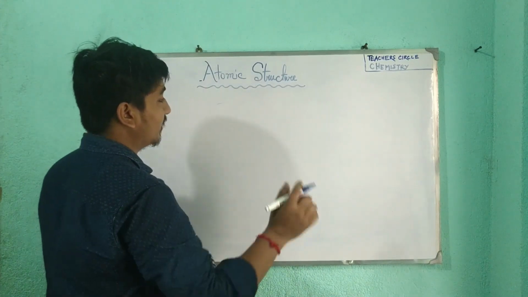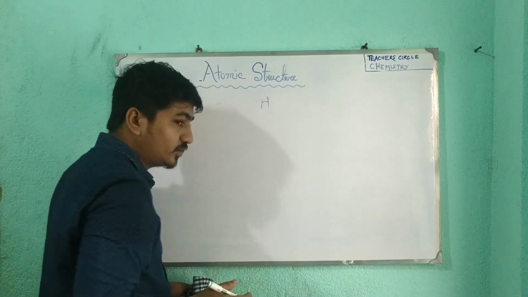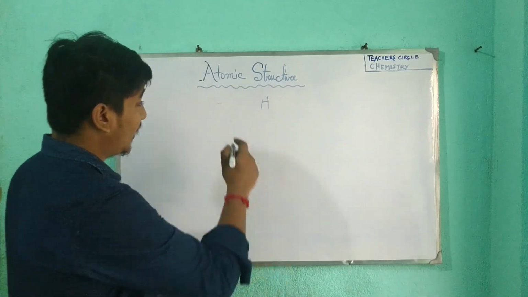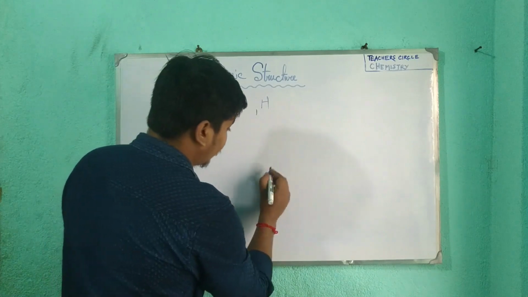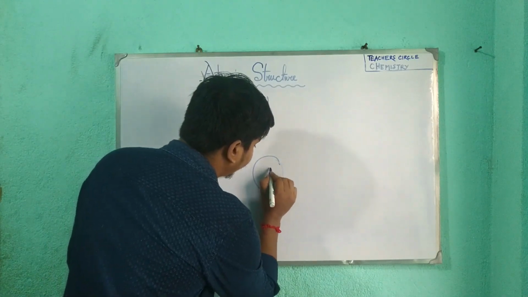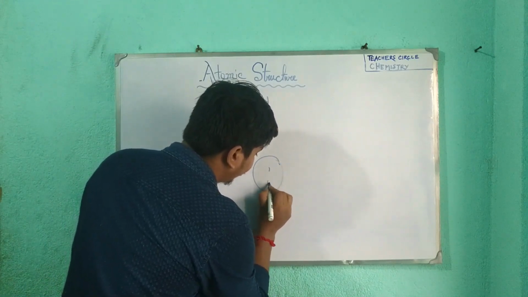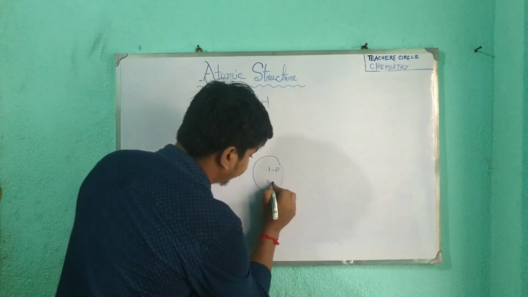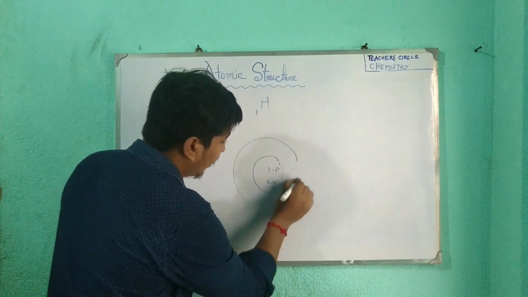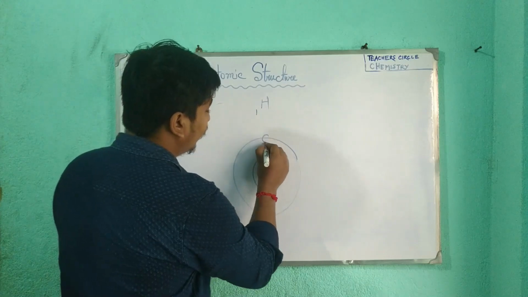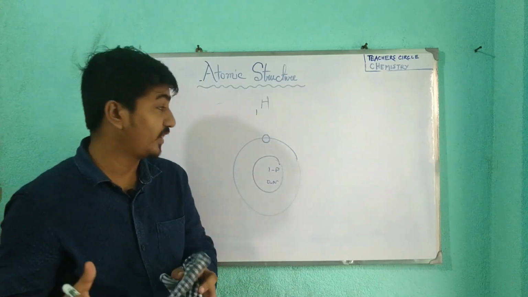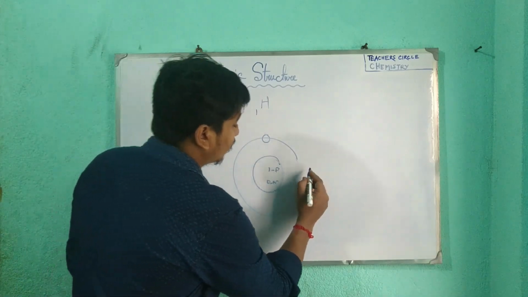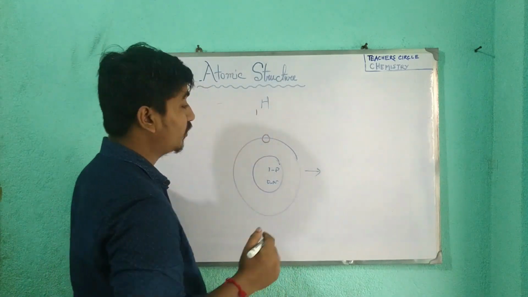Now for hydrogen, I will also show you the orbit. We know that the atomic number of hydrogen is 1. So the number of protons is equal to 1 and the number of neutrons is equal to 0. The number of electrons is only 1, as the number of protons and the number of electrons are the same. How will we write the electronic configuration?